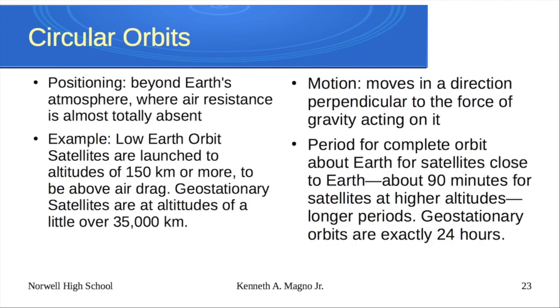Now, to actually have a circular orbit, certain factors matter. So positioning. Beyond Earth's atmosphere is generally where we like to orbit because we reduce the air resistance there. We've got two main areas where we like to launch things. What we call true low Earth orbit is about 150 kilometers or so above Earth's surface.